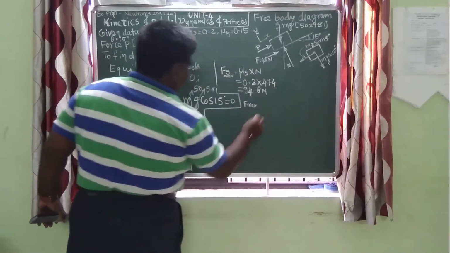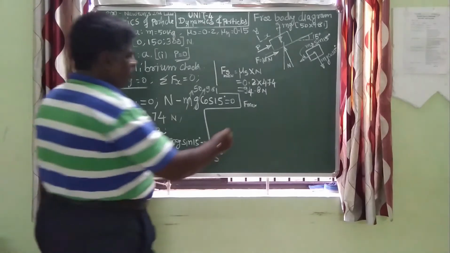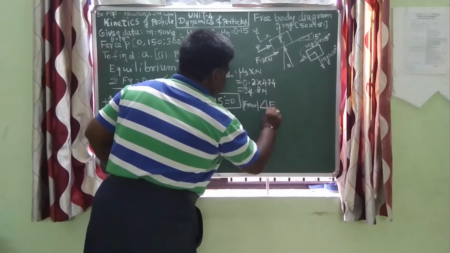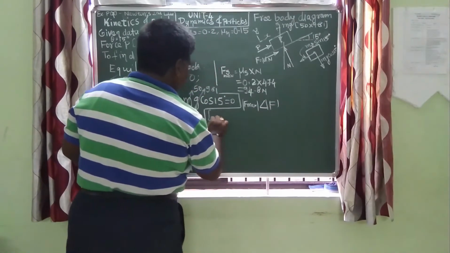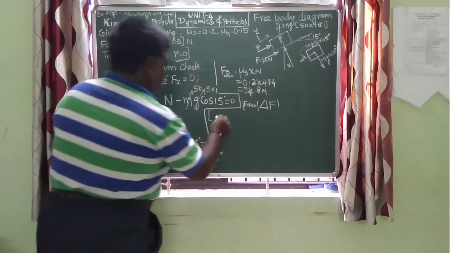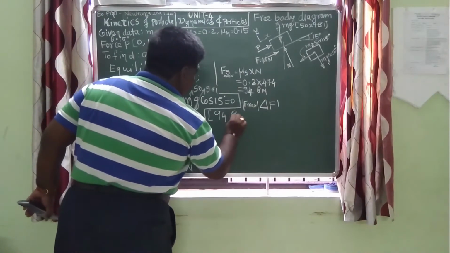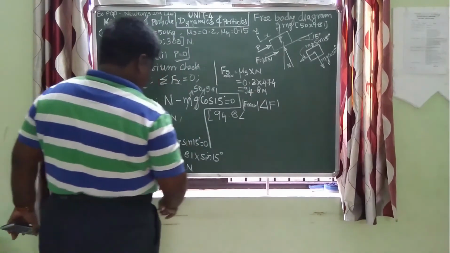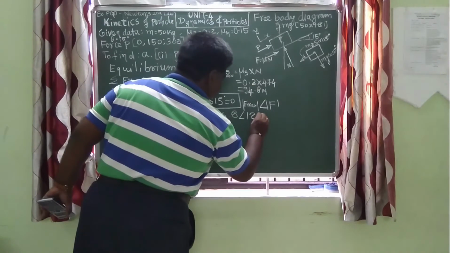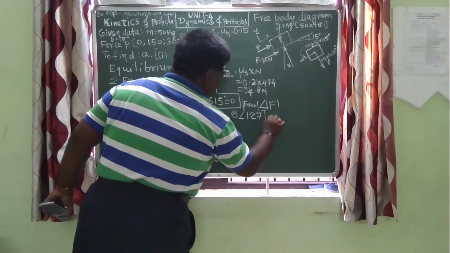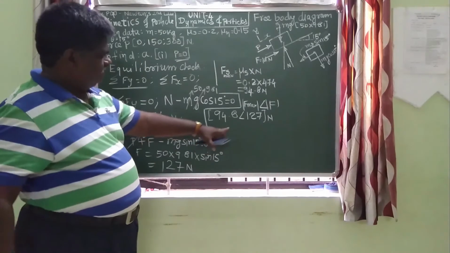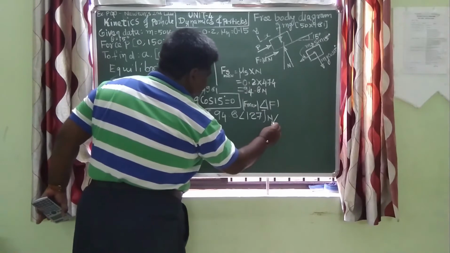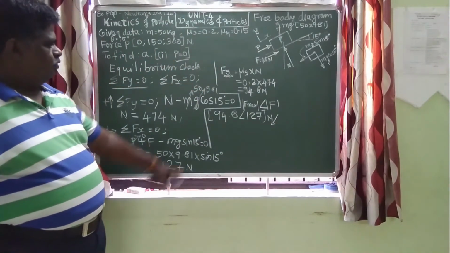So F max, 94.8, is less than F, 127 Newton. So based on this condition, the block moves in the inclined direction.